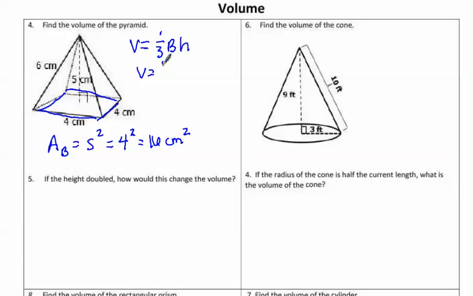So volume equals 1/3 times 16 times the height, which remember is straight from the base straight to the top of the base. That is 5 centimeters. When I multiply this all the way across, I get the volume is 26.6 repeating centimeters cubed.